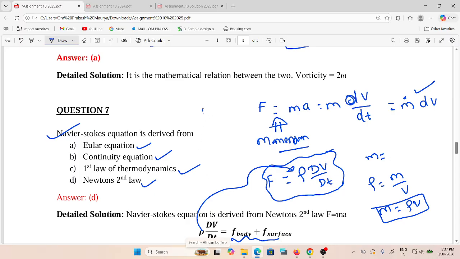Generally for dv by dt we use the material derivative. Little bit advanced. Material derivative. I will not go into much detail because at your undergraduate level, that is enough for you.